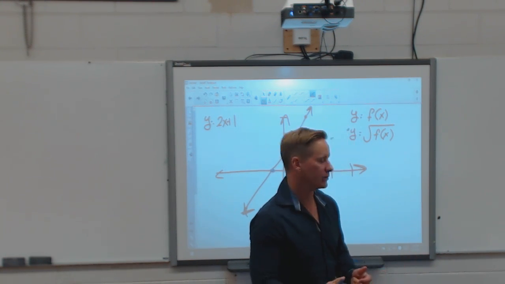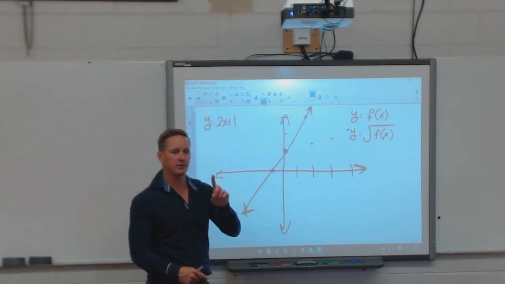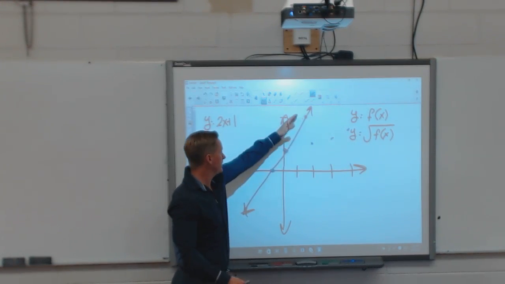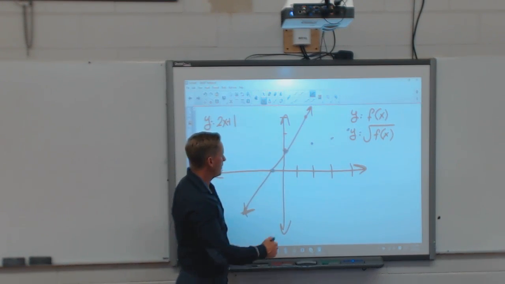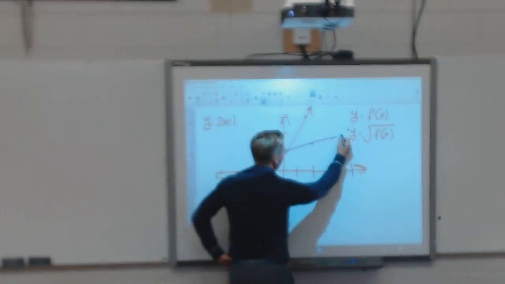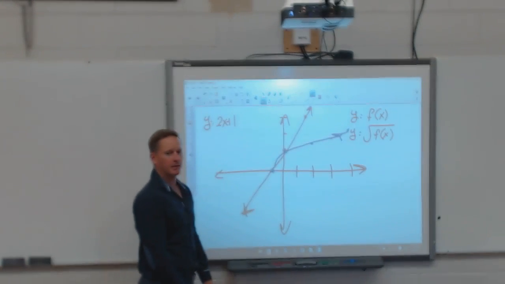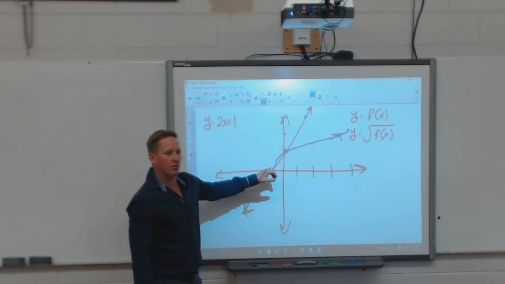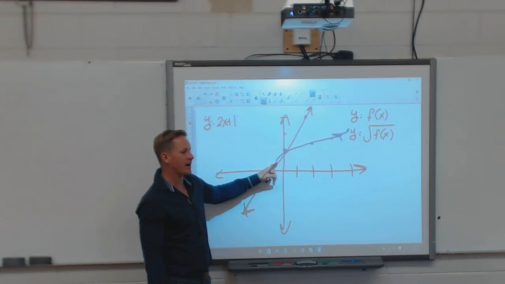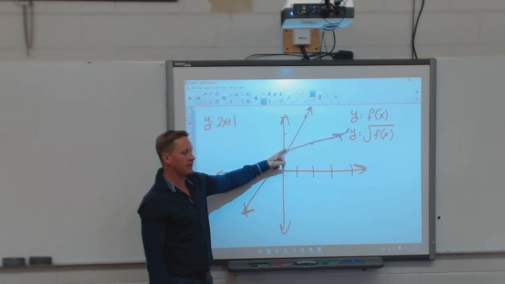So here's the catch, and this is all that you have to do. When I'm taking the square root of the rest of this line right here, you have to show that it's above that line right there. This is absolutely necessary for full marks: you have to show that when you take the square root of any of these fractions, the value ends up being larger.